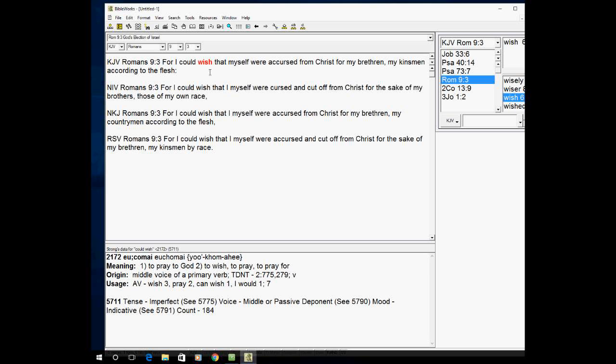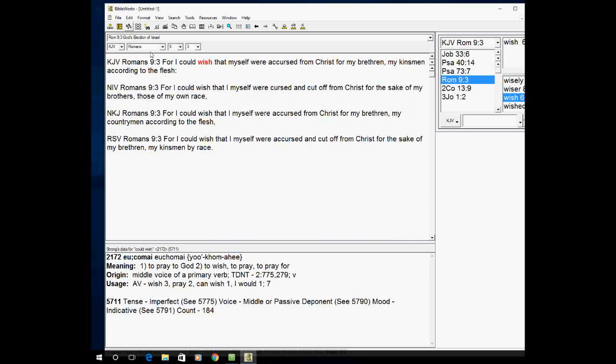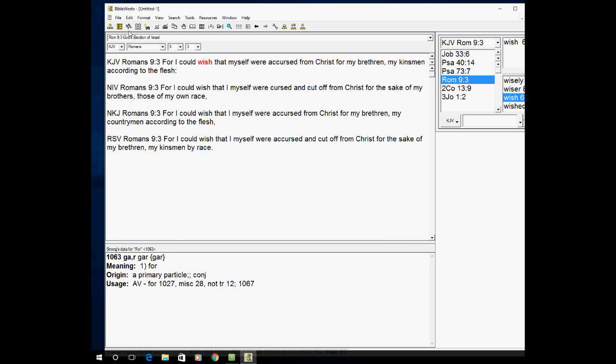You go to footprints. No, okay, go back to footprints. Now go to one of these that brings up the numbers. No, the next one over. That one. Okay, one of those gives you the Strong's.